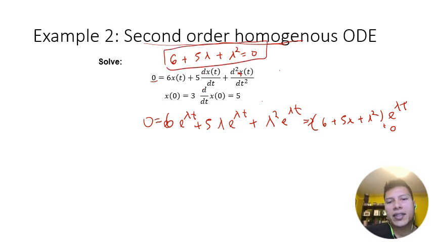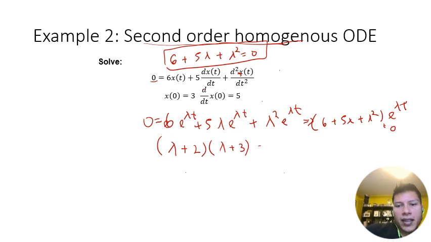So in general, in the next few examples, we're just going to look at the characteristic equation. In this case, we have that our roots are lambda plus 2 or lambda plus 3. We can use the quadratic formula, so negative b plus or minus the square root of b squared minus 4ac, all over 2a, so in this case 2.